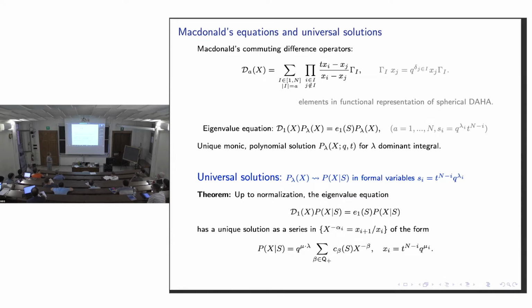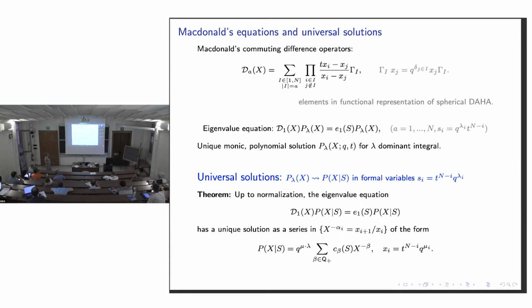Then this is a triangular system, and it can be solved term by term. It has a series solution, unique up to scalar multiple. And if I choose the series to start with q to some power, which is x to the lambda essentially, so if I parameterize x in the same way that I parameterized s, in terms of nu instead of lambda, there's a unique solution to this equation as a series in x to the minus beta.